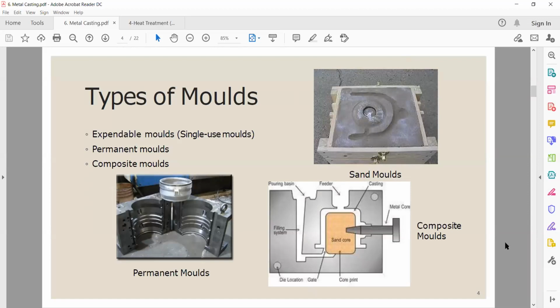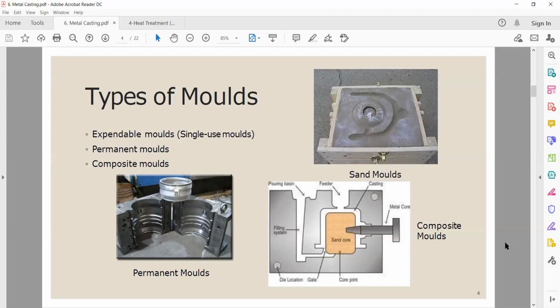Expandable mold means you can use it only one time. That means single use mold. When you are removing the casting metal, you have to break the mold, and then you can take the casted metal.